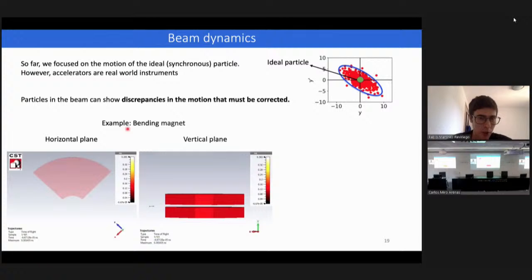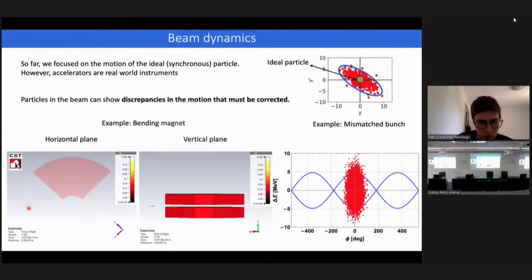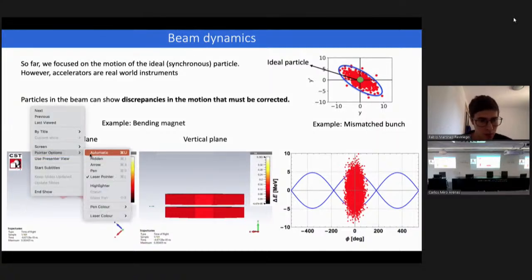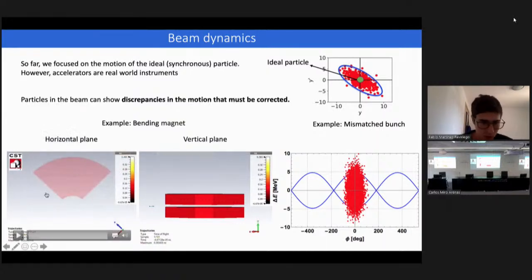An example of this problem can be found here in a bending magnet, where we will see the horizontal plane. Here is the bending magnet, and we can see that we have a spreading of the beam in the beginning, and then thanks to the magnetic field, this beam is focused.